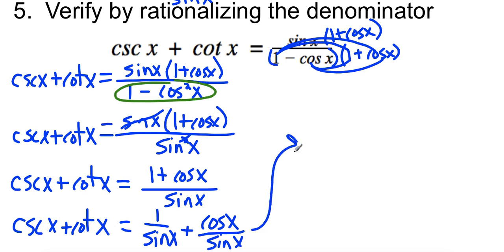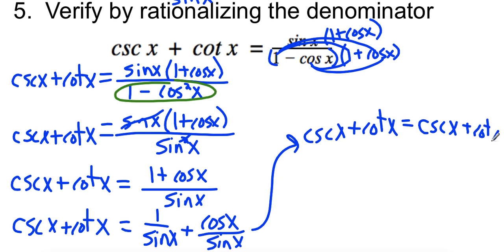And then I'm still not doing anything to that left-hand side. 1 over sine x, if I use my reciprocal identities, that's cosecant x. And cosine over sine is cotangent. And we have accomplished it. Okay, so rationalizing that denominator made some nice things happen as far as my substitution. So that's another tool that you might find useful.